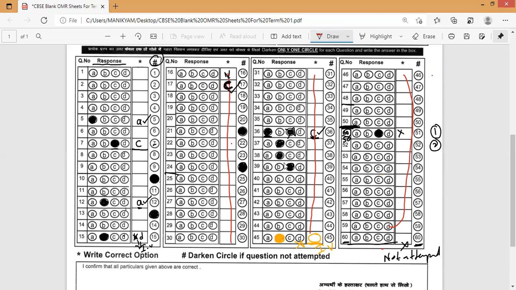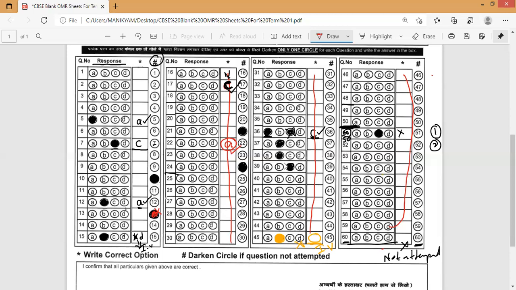For not attempted questions, there is no need to bubble, no use of it. Next, for some questions you are 100% perfect. For example, question 22, I am damn sure the answer is A. Then you need not waste time bubbling option A. You can write option A here directly. It is evaluated. So these are the two things I am saying.